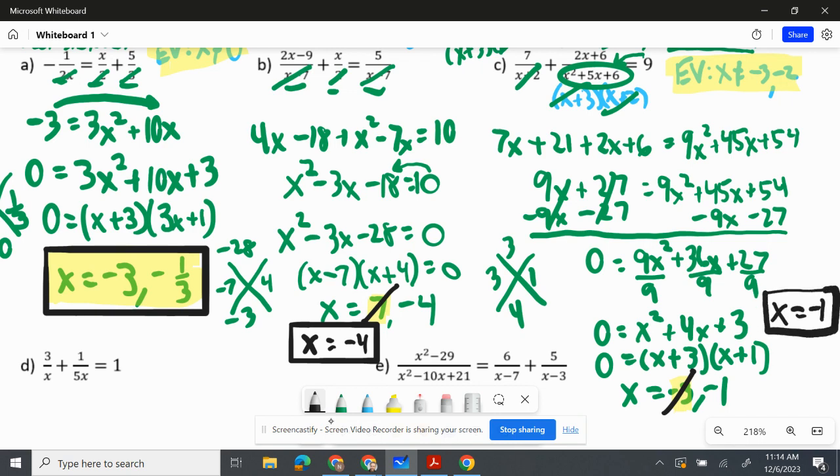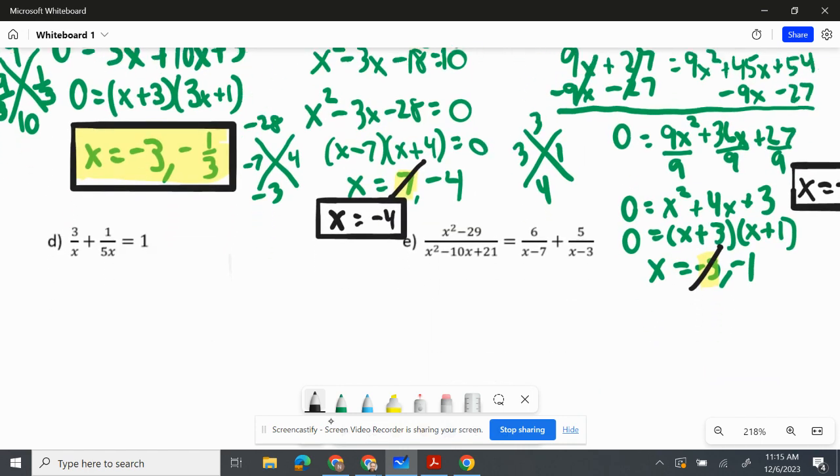It's called extraneous, meaning that it does not actually work with the problem. And the reason why is because when you plug in a -3, it's going to make this denominator 0, and you can't divide something by 0.